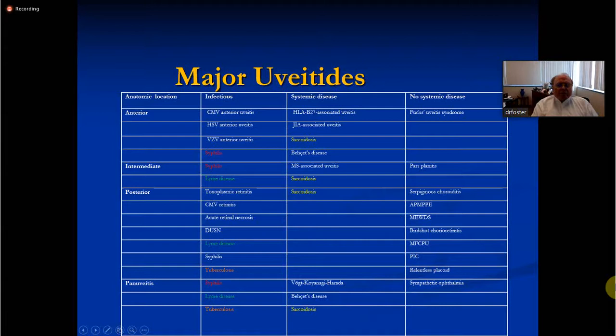The major uveitis are seen in this table, grouped as infectious, or associated with systemic disease, or not associated with systemic disease. And this is complex, and I'll be returning to this by the by as I go on through the other talks on uveitis.